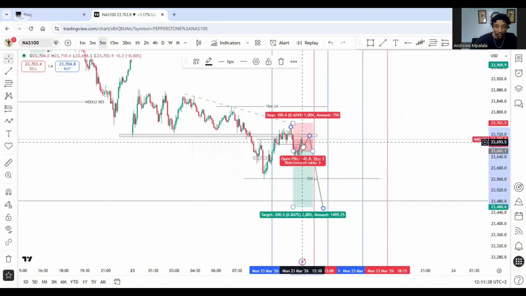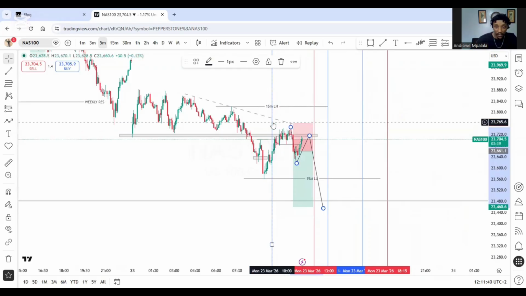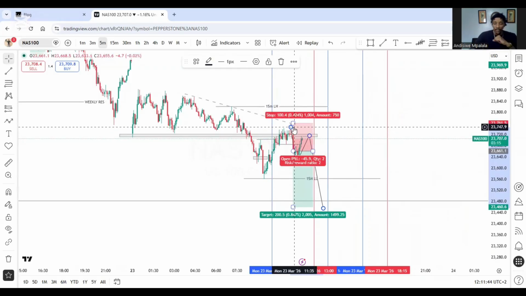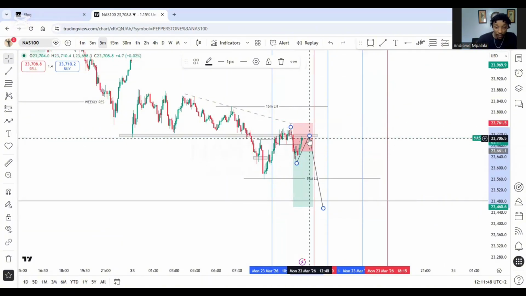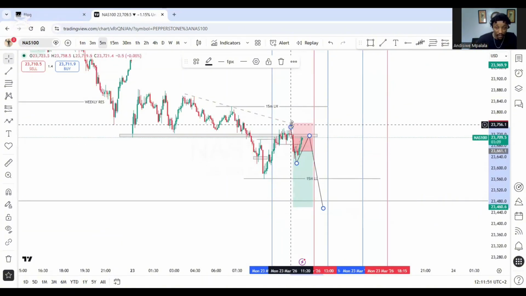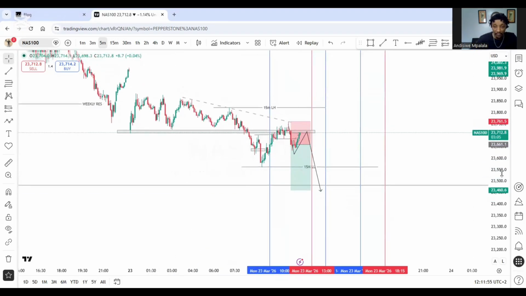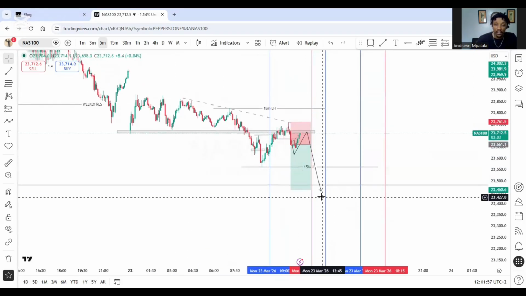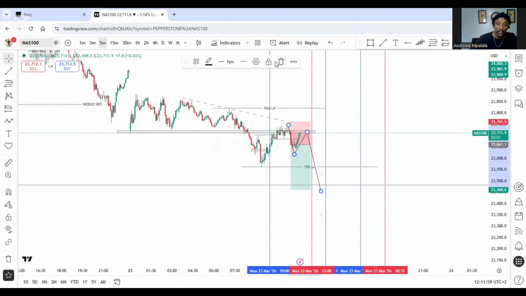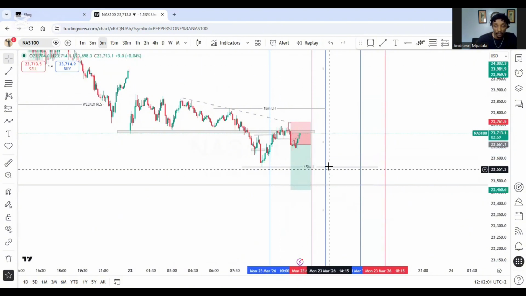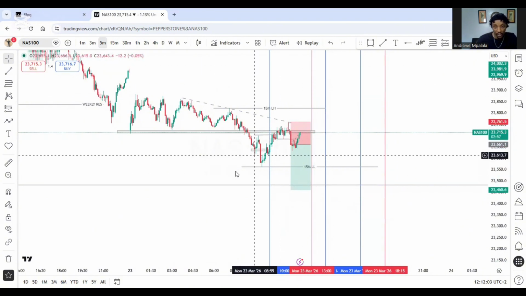We are currently in drawdown, but the safest place to put our stops would be here. If price comes to these tops right here and breaks, then our trade is invalidated, and we're going to be looking at the New York session for more opportunities.